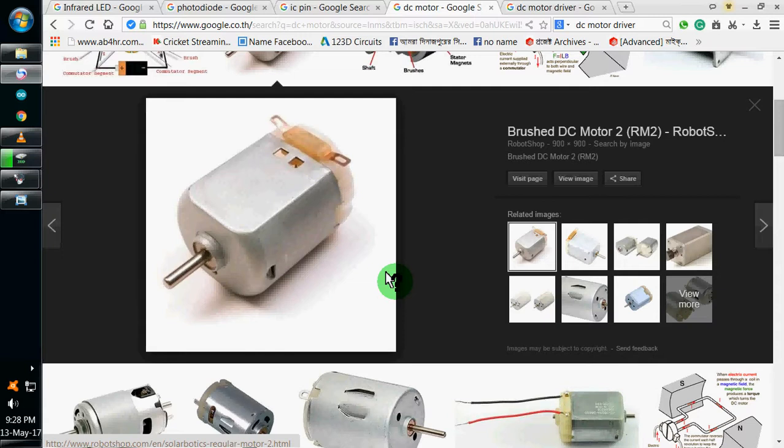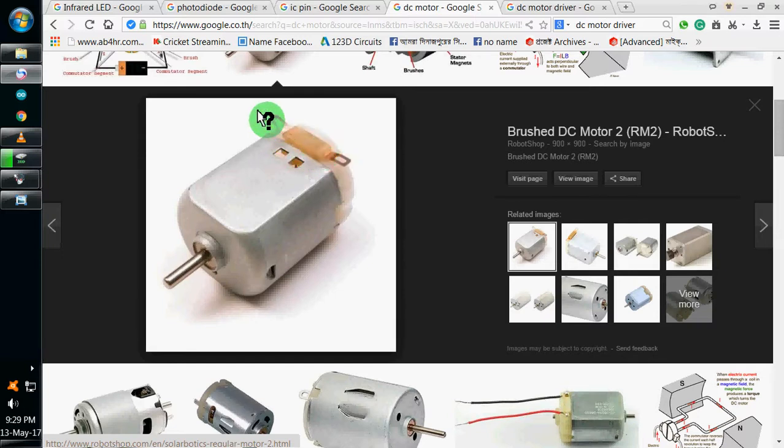Now we get another device, that is the DC motor. A DC motor is a very small device that converts electrical energy to mechanical energy, usually rotation. When we connect positive and negative terminals to these two leads, this motor starts rotating, and the direction of rotation of the shaft depends on the connection of these terminals.